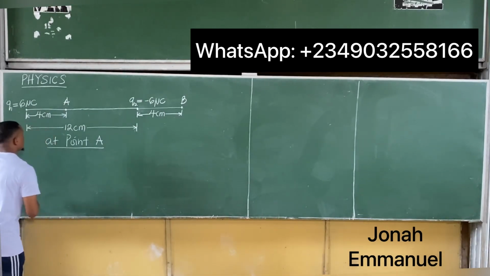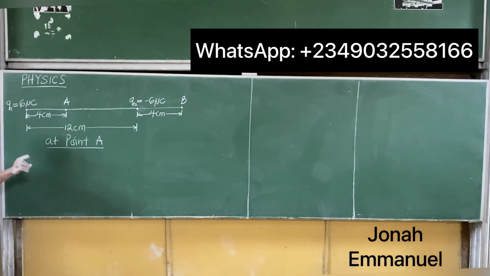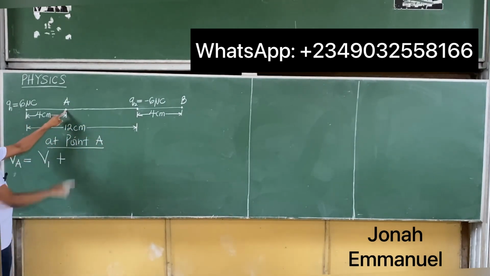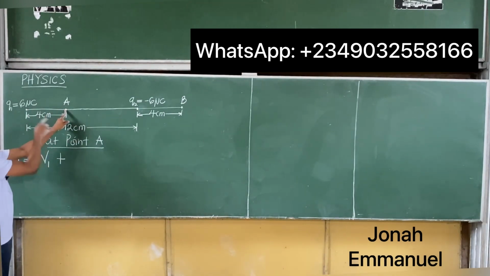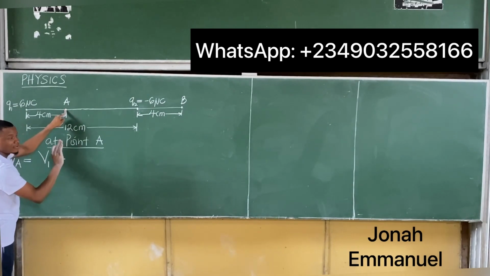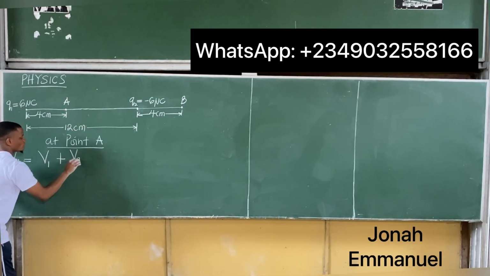So at point A, the electric potential at A, I'm calling this VA, is equal to the electric potential between Q1 and A, that's V1, plus the electric potential between this and this. Don't forget, since it's this one here, all of the forces will act on this. So it becomes this and this plus this and this. For now, ignore B. So it becomes V2.